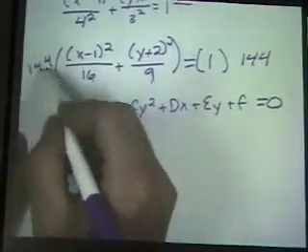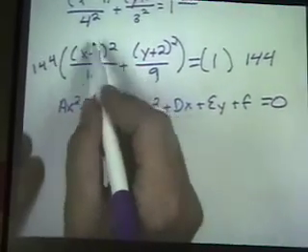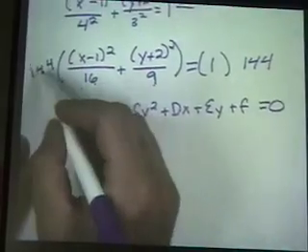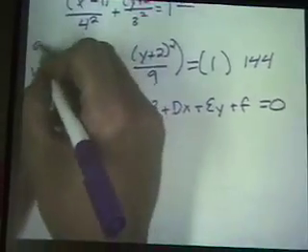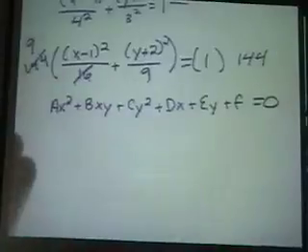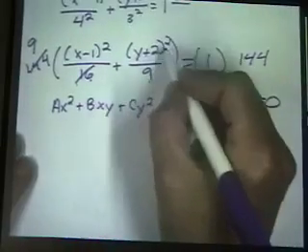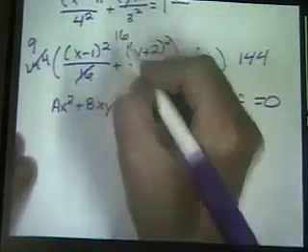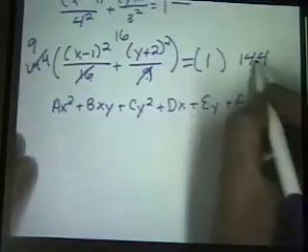When I multiply 144 by the top, 16 goes into 144 9 times, so I can cancel that fraction out. Here, 9 goes into 144 16 times, and this will just be 144.